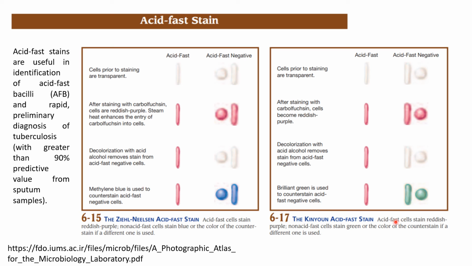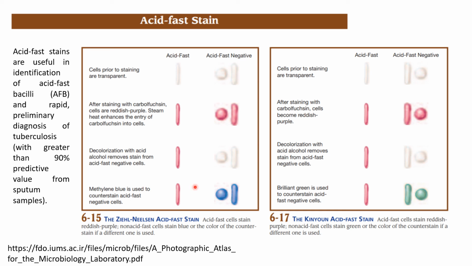So possibly we have green non-acid-fast and, of course, reddish to pink acid-fast bacteria, or blue non-acid-fast bacteria, and of course we have pink acid-fast bacteria.